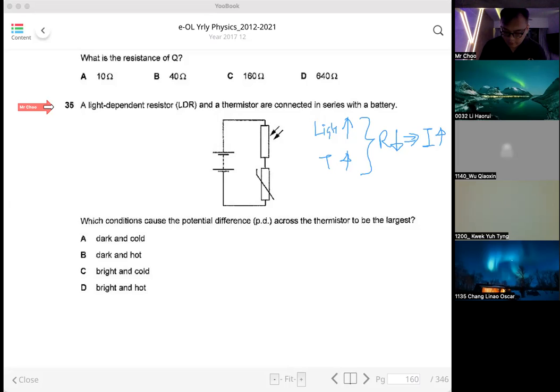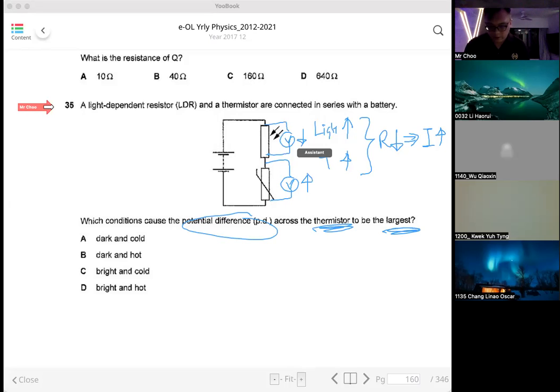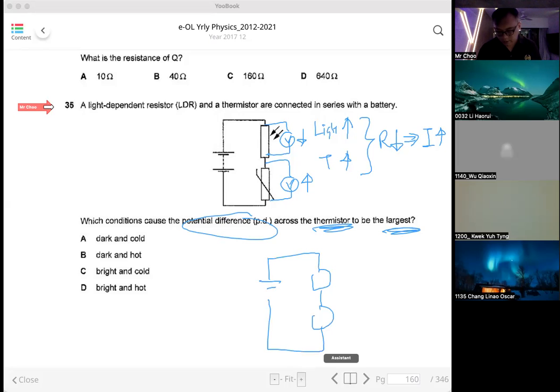Okay, you want the thermistor to have the greatest PD. So if I want this V, it should be high. If I want this V, it should be low. Let me draw another example. If I want this to be high, does it mean that my resistance here should be as high as possible and my resistance here should be as low as possible?